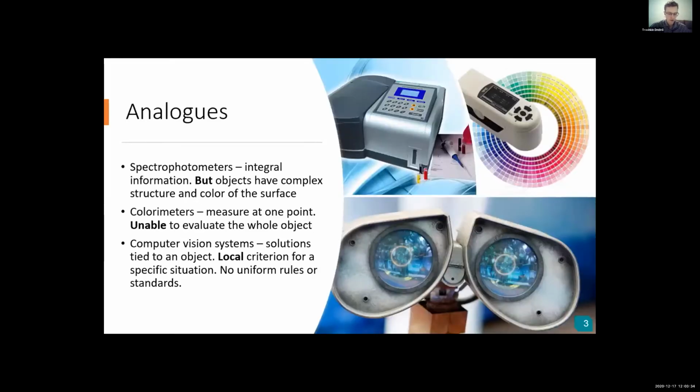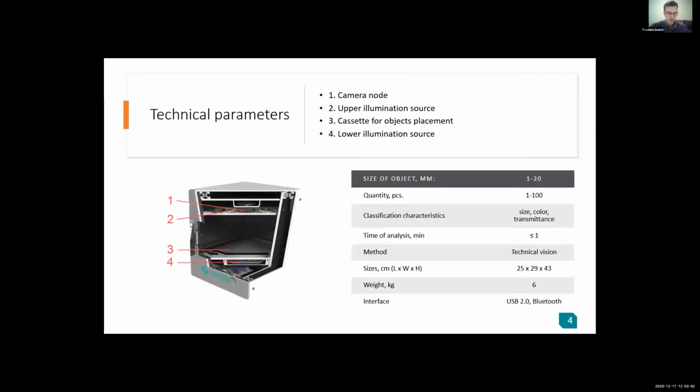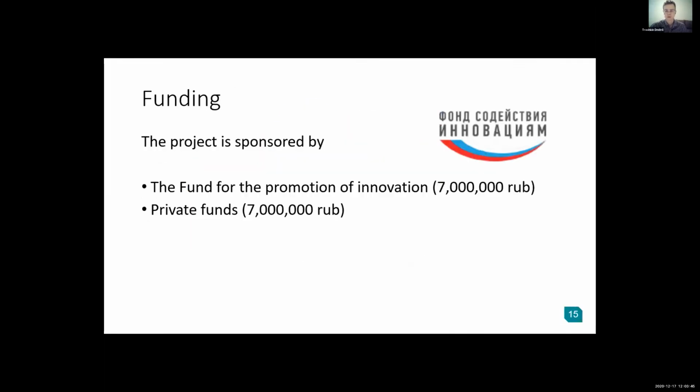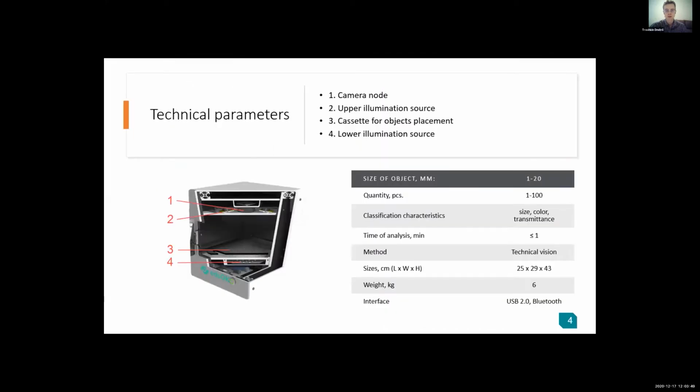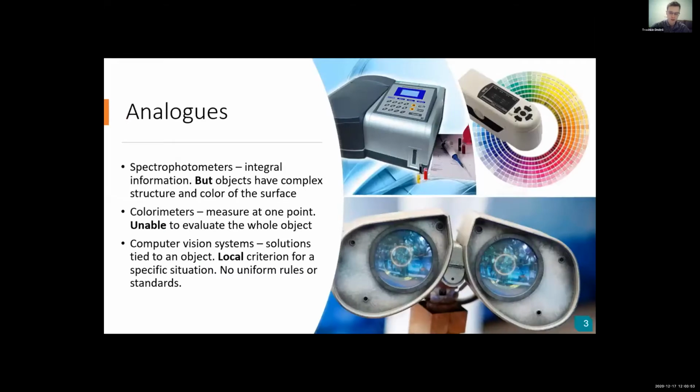Today, for measuring visible parameters of objects, there are three main approaches. First of all, spectrophotometers, which give us integral information about objects, but usually we have very complex objects with complex structure and color of the surface, and we have to pay attention to them.